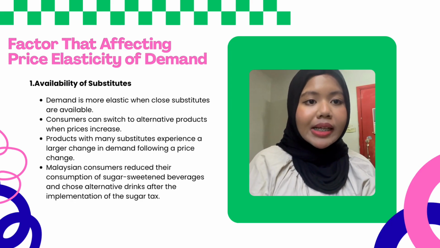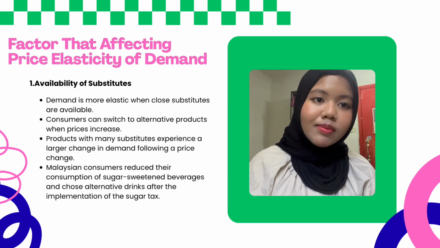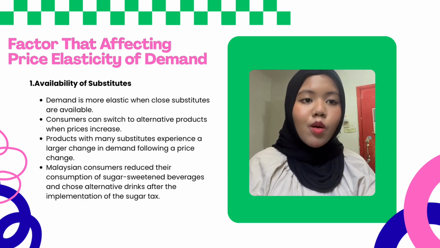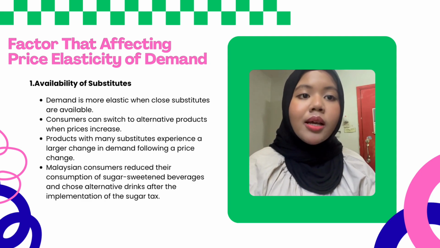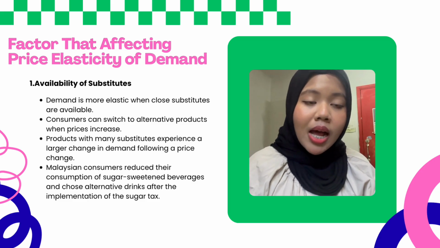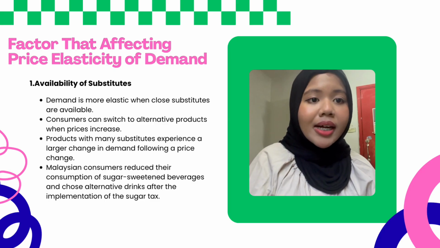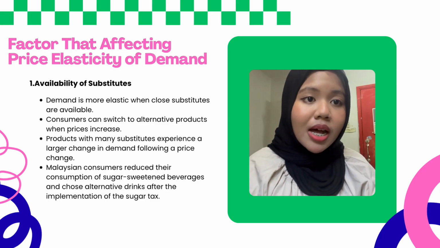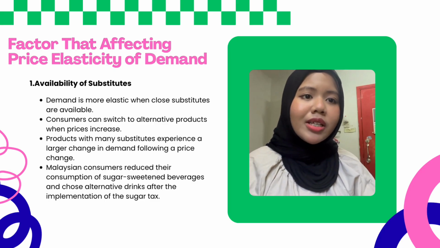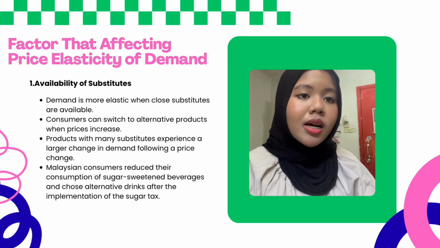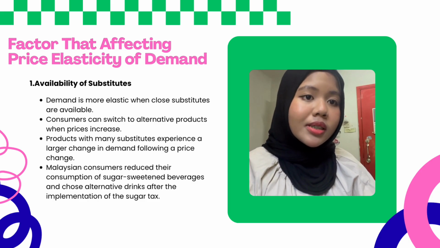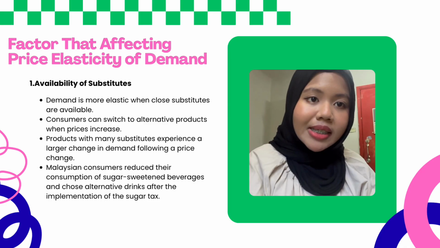The first factor that I will talk about is availability of substitutes. When there are many close substitutes of the product, consumers can easily shift to them when there is an increase in the price of the product. As a result, the demand becomes more elastic because consumers are more responsive to price changes.